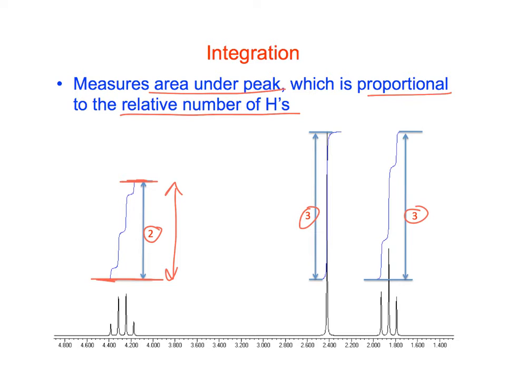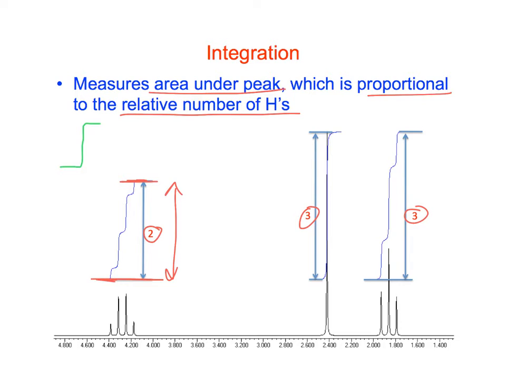So one of the things that you have to be careful of, both if you are doing it manually or if you're asking the instrument to do it, is to make sure that these integration lines are nice and flat like this, okay?